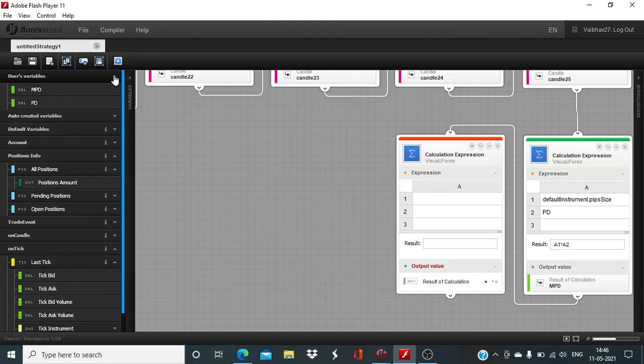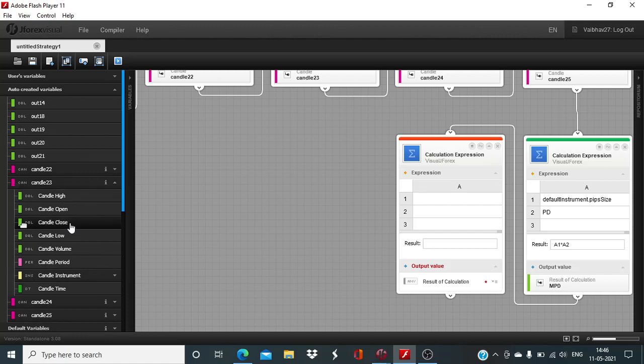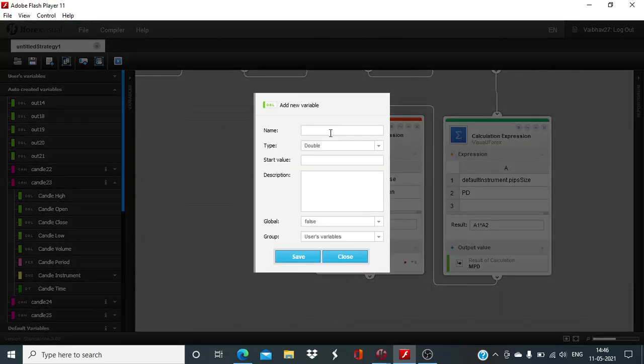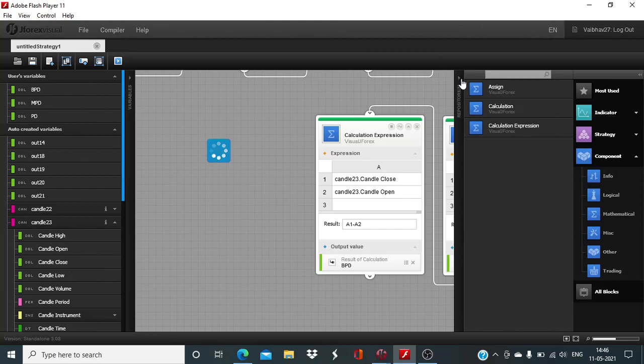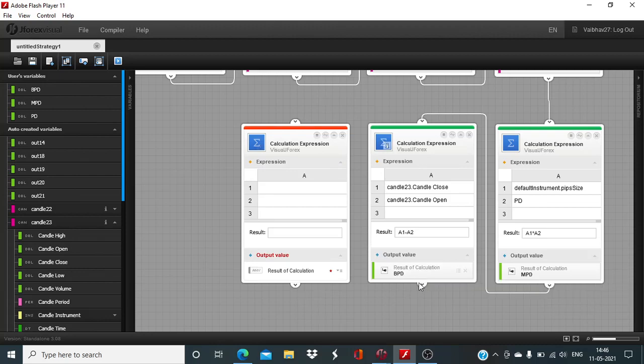and for the 23rd candle, its close and open is going to be A1 minus A2, and one more will be needed for defining the conditions for the execution of the sell trade.